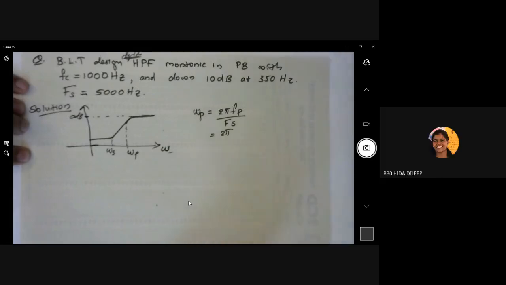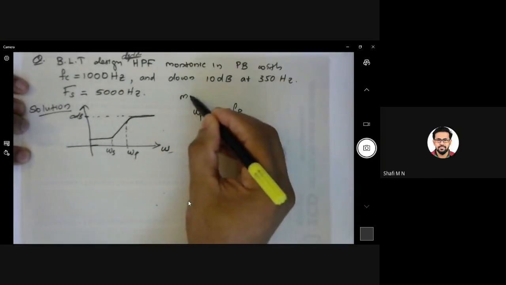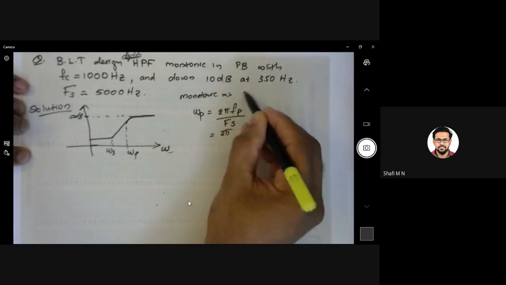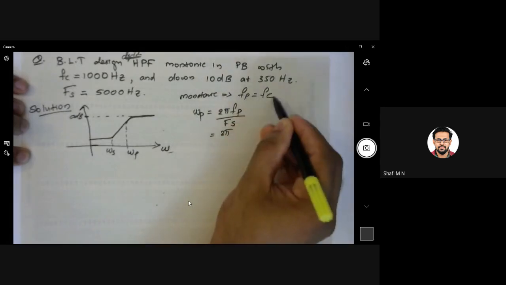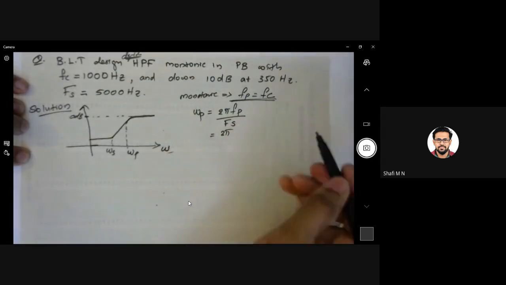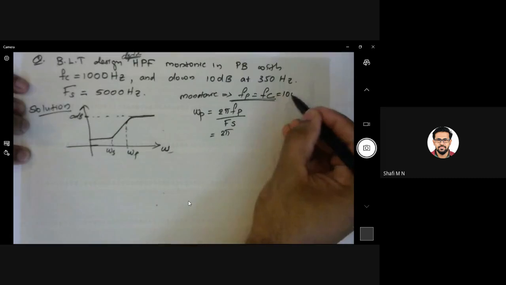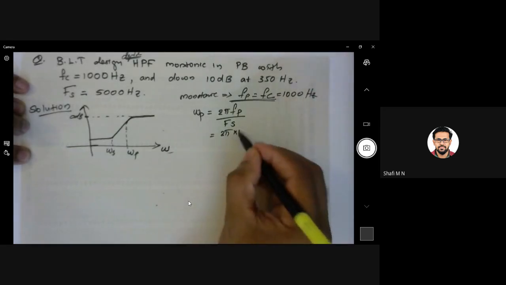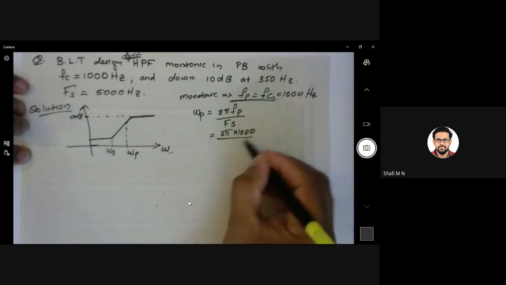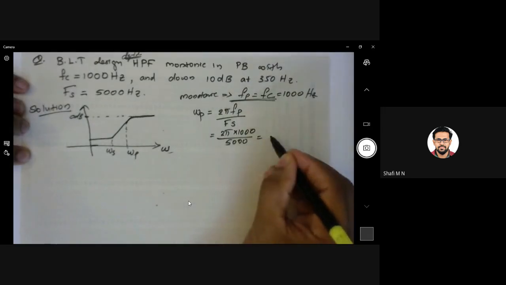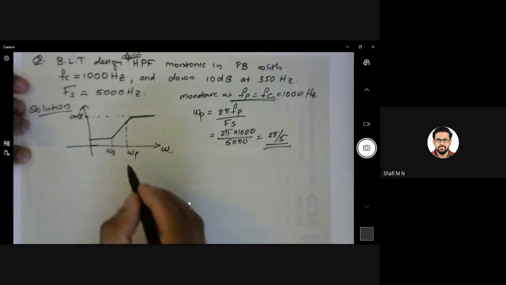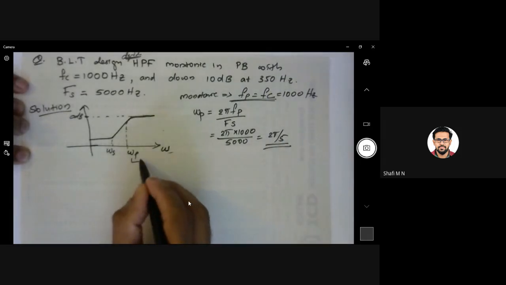Since it is monotonic, fp will be equal to fc, right? So that will be equal to 1000 hertz. So you can substitute that value over here. 1000 divided by 5000. So that will be 2 pi by 5. So you got it. This is 2 pi by 5.